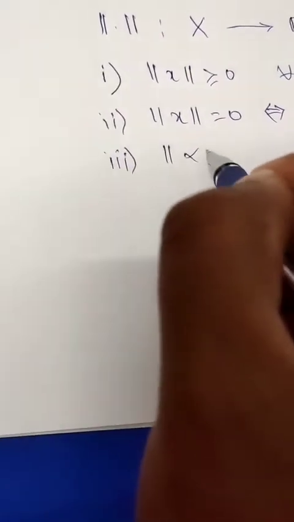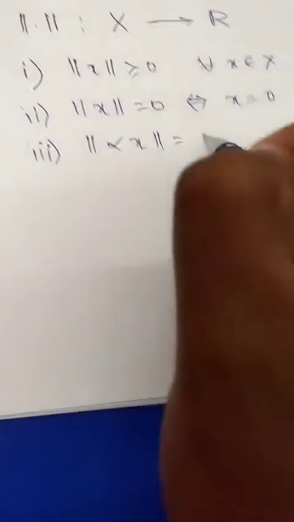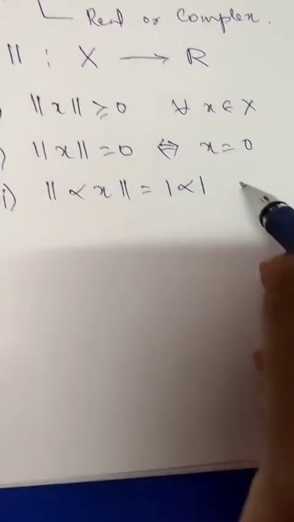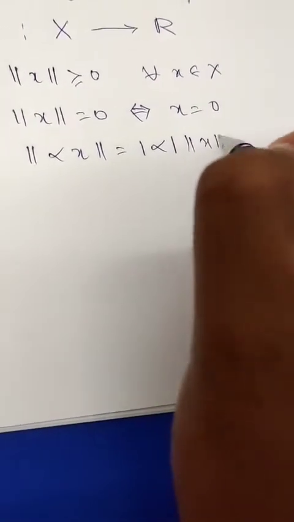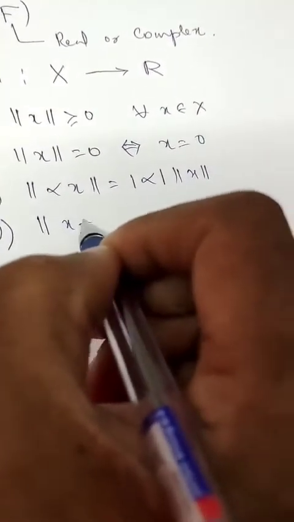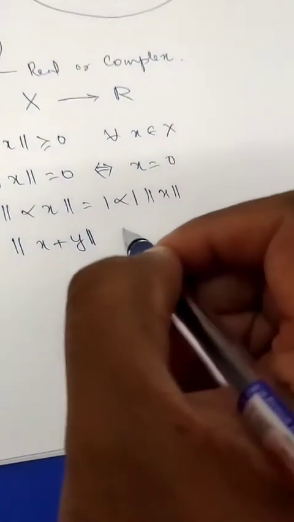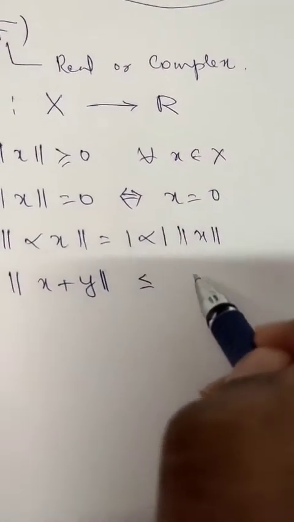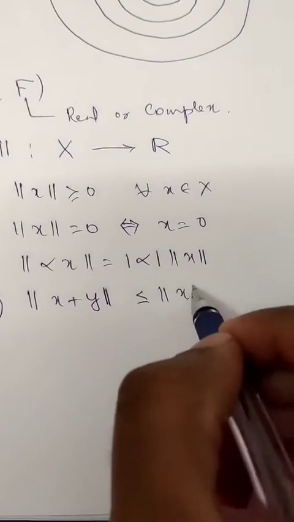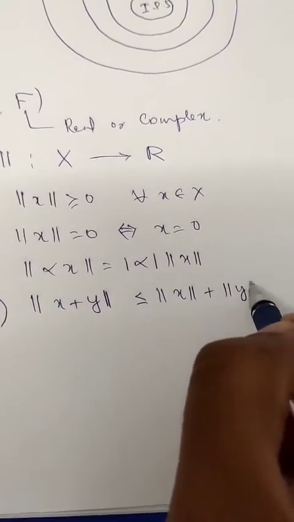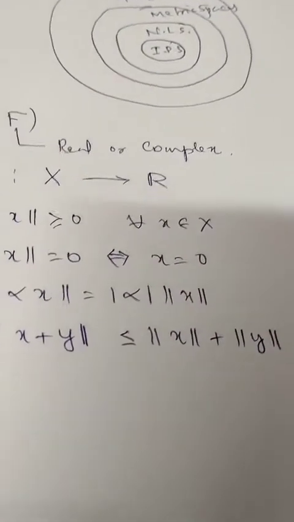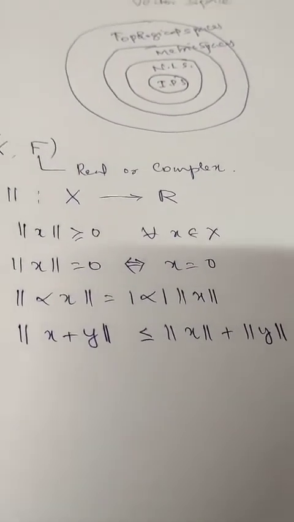The third one is: norm of alpha times x equals the absolute value of alpha times norm of x. And the fourth one is: norm of x plus y is less than or equal to norm of x plus norm of y. This is also known as the triangle inequality.